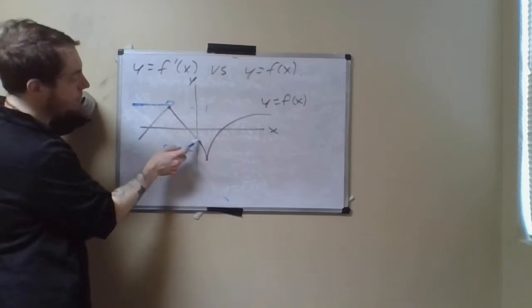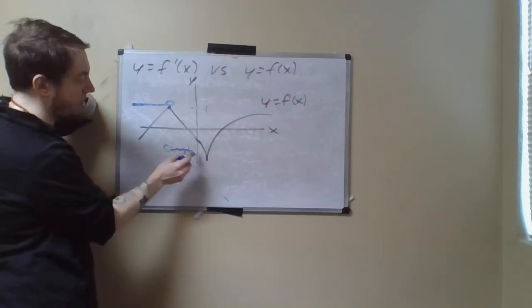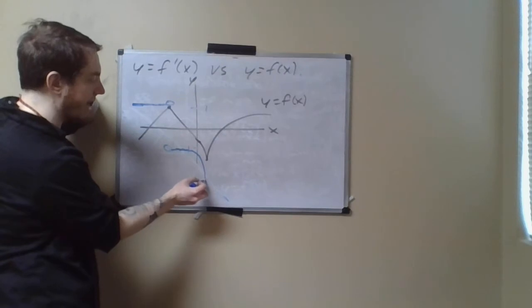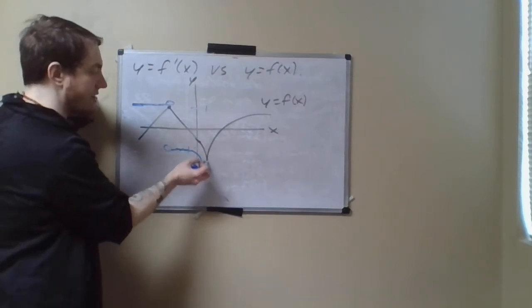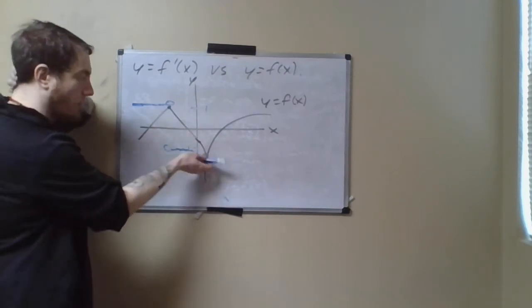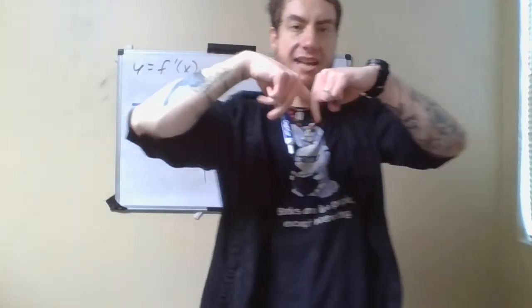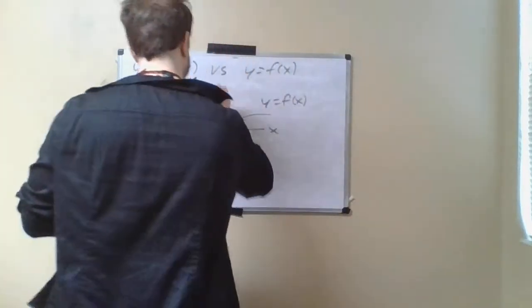But then, as we cross this axis, it starts to become steeper and steeper being negative, and it looks to me like we actually end up approaching a vertical tangent here. This is a cusp shape where we get a vertical tangent on both sides.